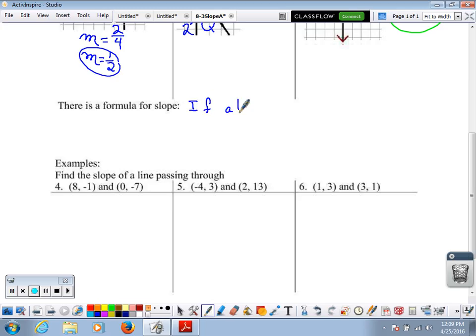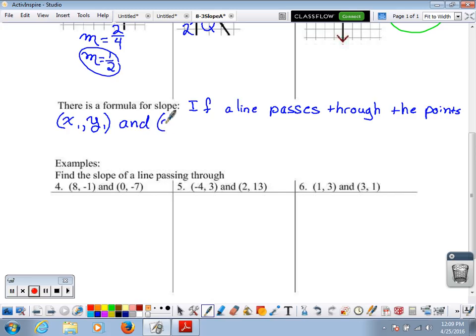If a line passes through the points x1, y1, whatever x1, y1 may be, and x2, y2, so we have 2 points.